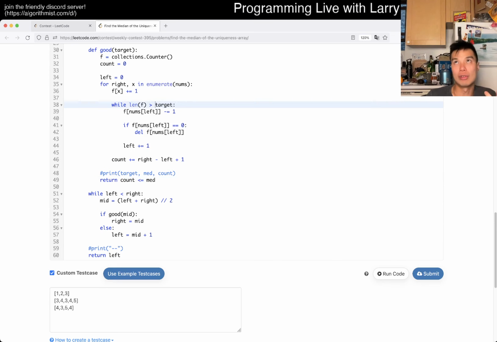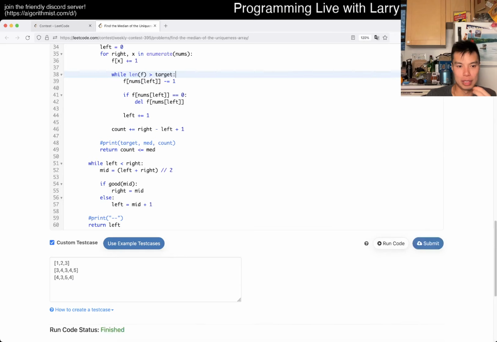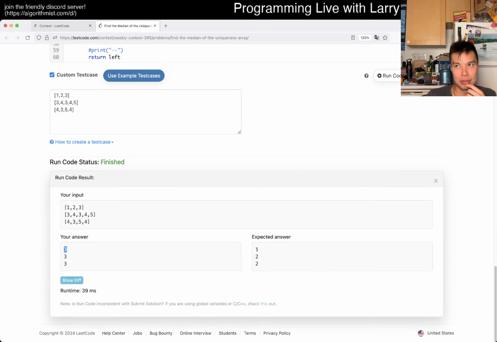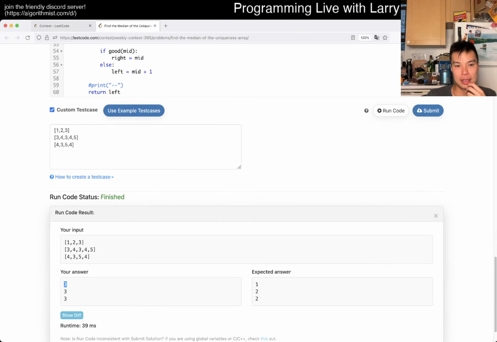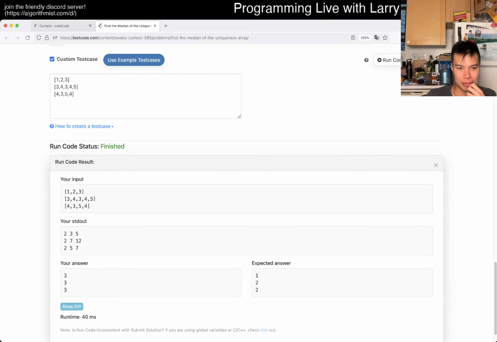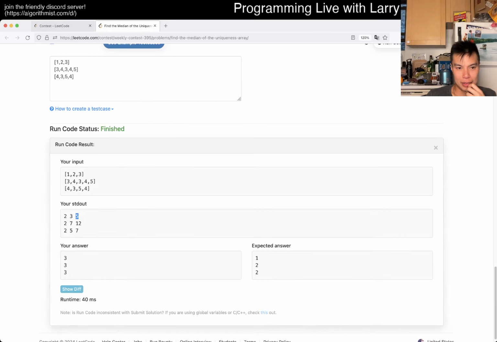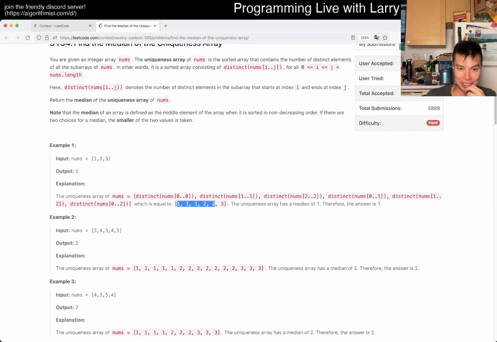Because then now this should return the next bigger number, and then actually that's just wrong, right? That's right. I mean, at least the binary search good function is right. So I don't know why.